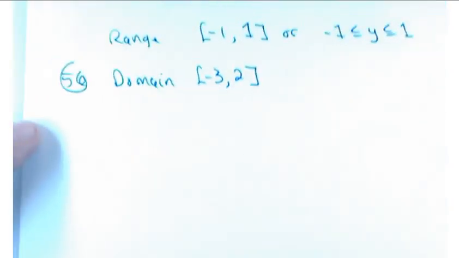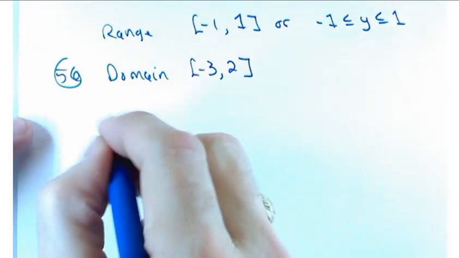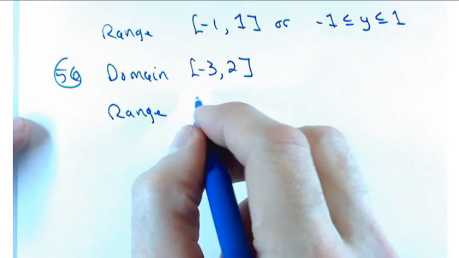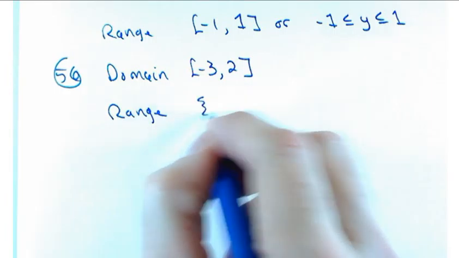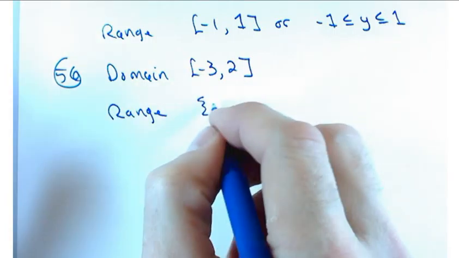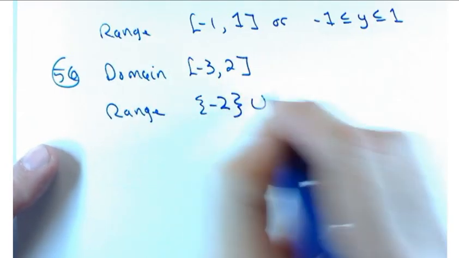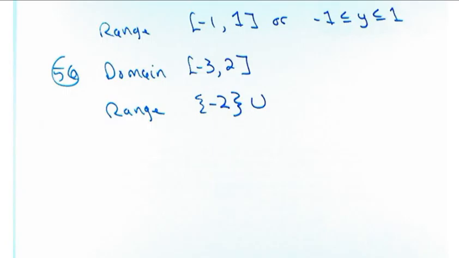And the range would be just that one number, -2, right? Was it -2 or? Yeah, I flipped the page. -2, and so that union 0 to, what did it go up to? 3?